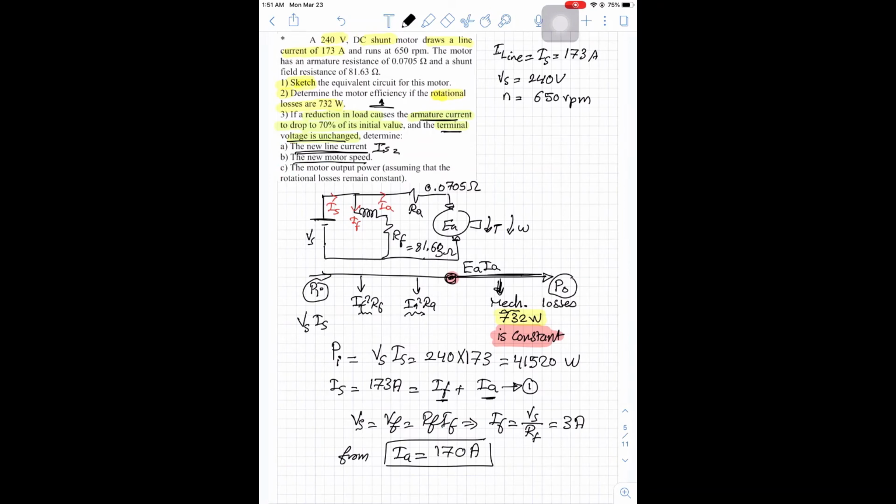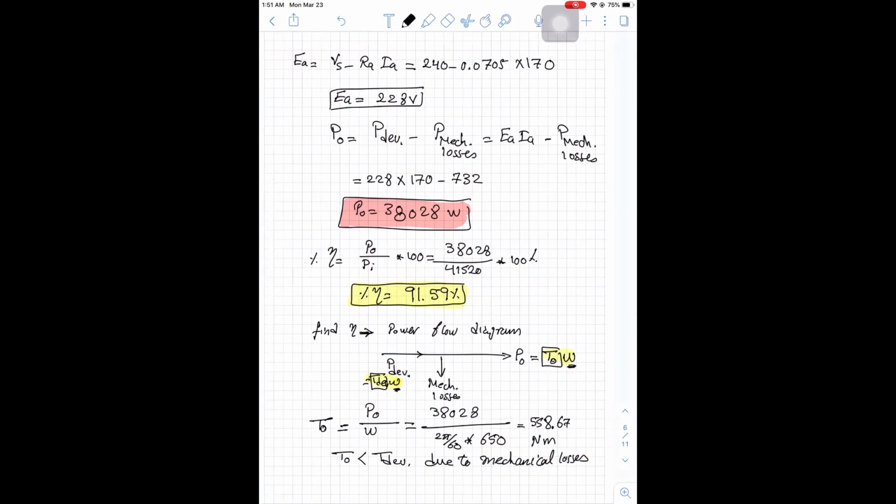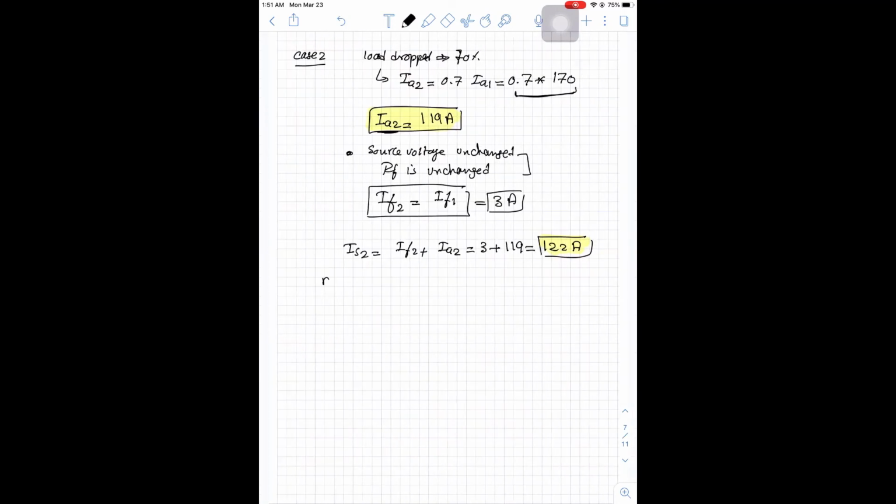Calculate the new motor speed. Now we need to calculate speed 2. And as we mentioned earlier, when we are asked about speed, you have to think about EMF. So we need to calculate what is E armature 2. To calculate E armature 2, we have only one equation, V source minus RA IA2.